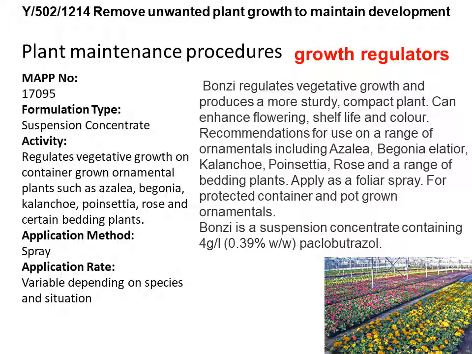And if you get dull days but quite mild temperatures, the plants tend to draw up for light in the darker conditions, but it's nice and warm for them, so they think they should be growing, and they become leggy and not very saleable. So this is where you see a lot of growth regulators. That's another maintenance procedure, probably one you won't come across in your normal situation, but you'd see it in a commercial nursery.